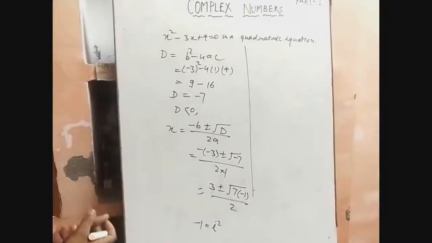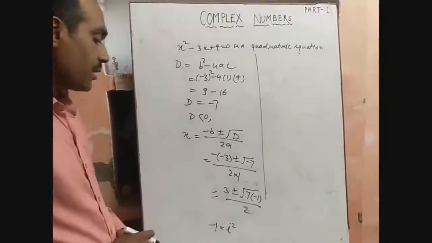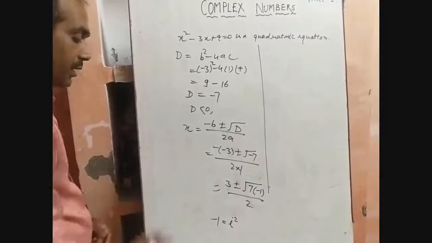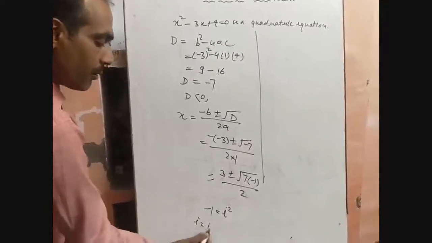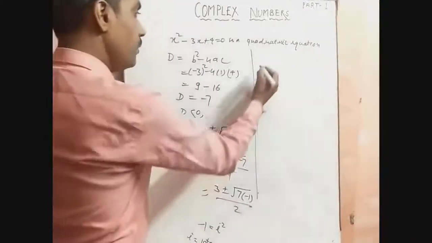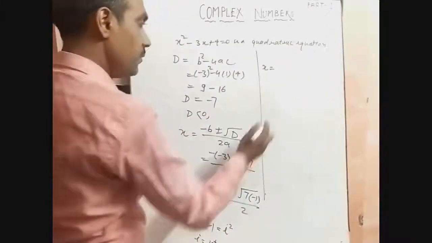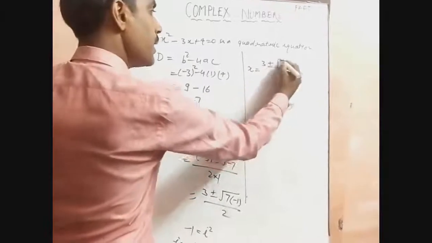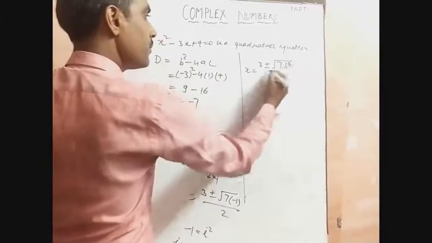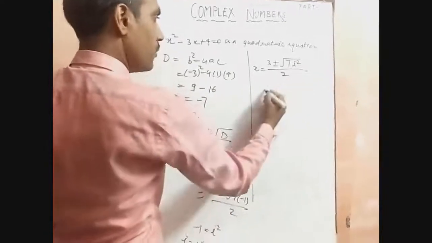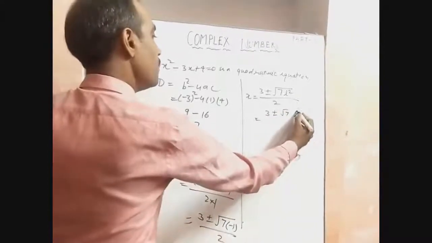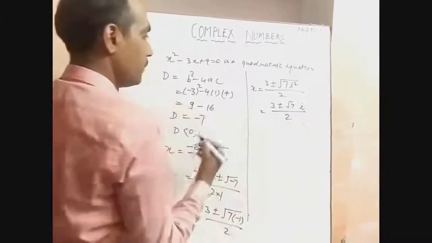What is i? i is a Greek letter and its square is equal to minus 1, and the full form of i is iota. Okay. So x is equal to 3 plus minus root 7 and minus 1 is equal to i square, upon 2. That gives 3 plus minus root 7 into i, upon 2.